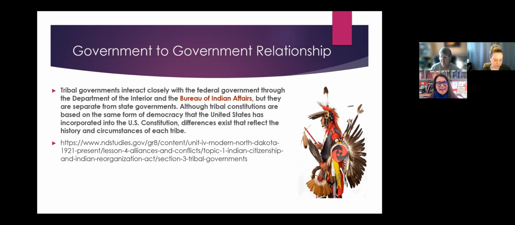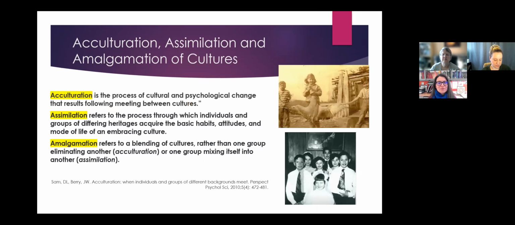The next slide is about how some of us have become more of an amalgamation of more dominant or colonial cultures. And some of us maybe identify as more indigenous in our cultural process. So if we're acculturated, that means that we're perhaps borrowing some basic habits, attitudes, and models of life that we've been influenced by from the colonial influences, and to be assimilated means that we become a part of that larger culture.